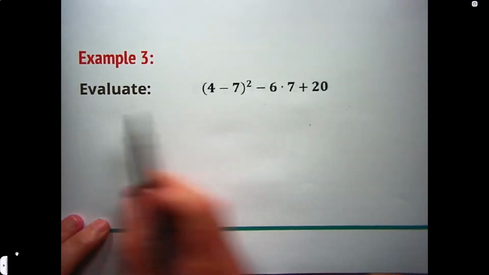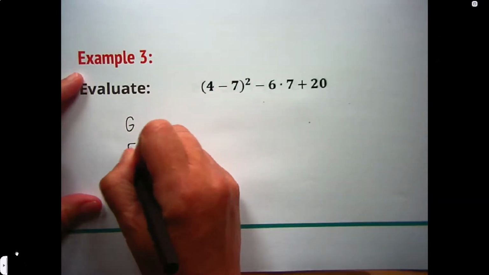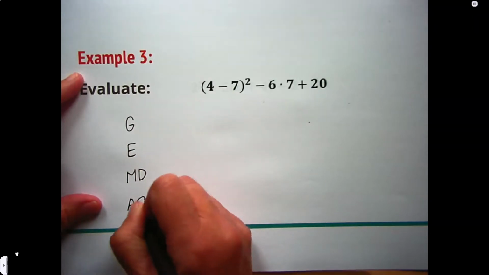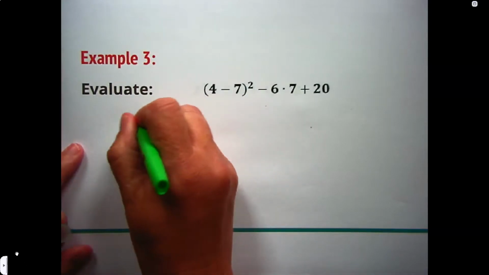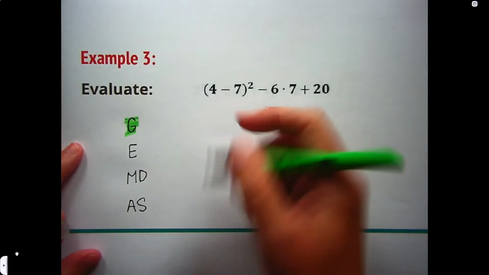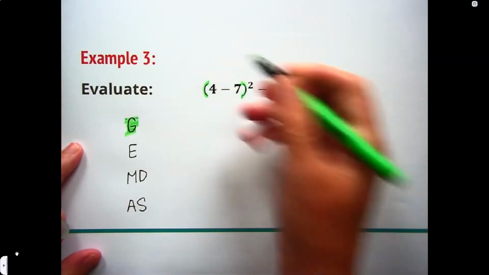We're going to find the value of this expression. All right, GEMDAS again. So we begin at the top with grouping symbols. My problem definitely has grouping symbols. It has parentheses. Inside, I have something to do.